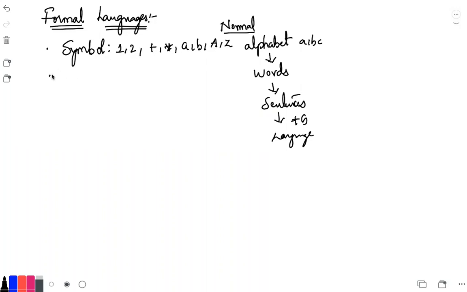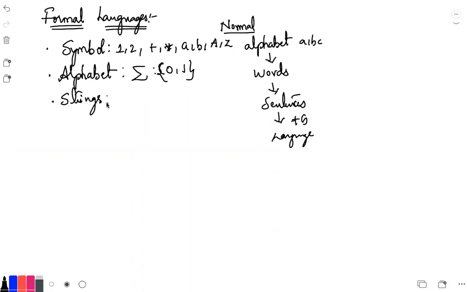Next, alphabet. In formal language, alphabet is depicted by the symbol sigma, and we talk about alphabet in the sense of a range, like this. So 0, 1 is the alphabet. Just now I discussed all the strings, right? These are the strings over the alphabet 0 and 1. We use the phrase over.